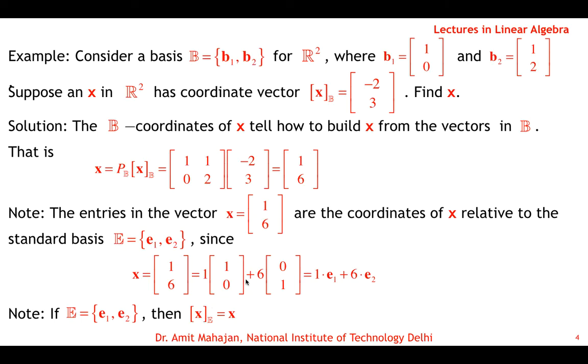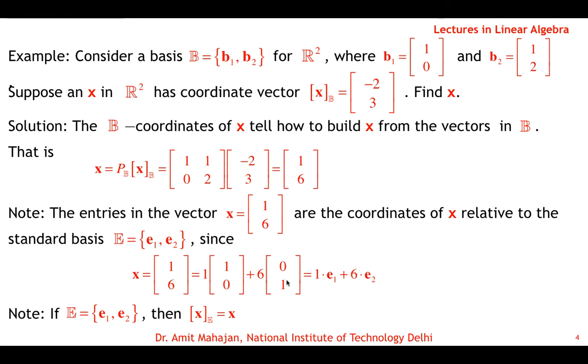So that means that if we are dealing with the standard basis, the E-coordinate of x is the same as x itself. This is also true because in this case the lines are horizontal and vertical in R2.